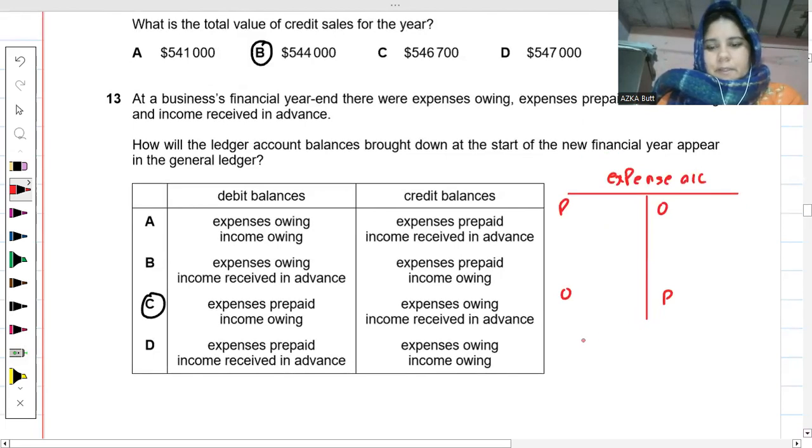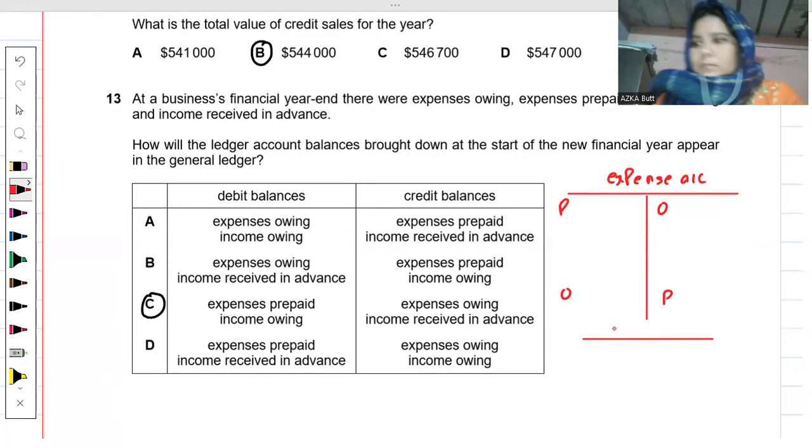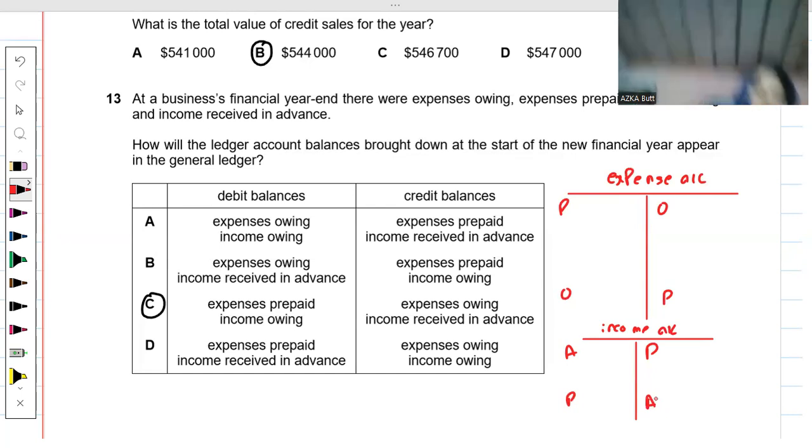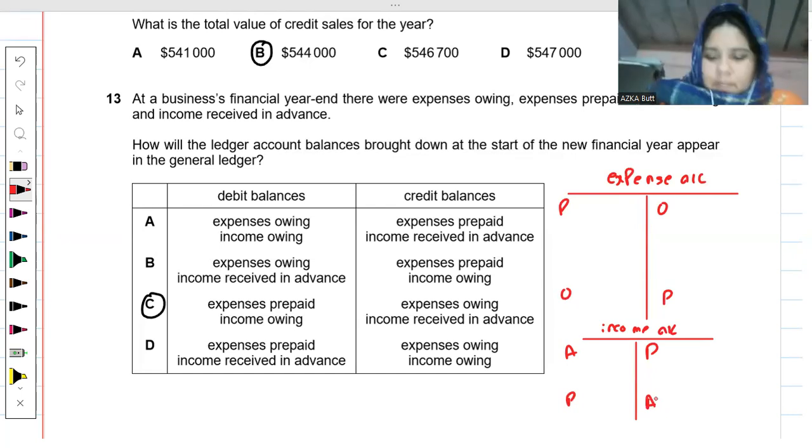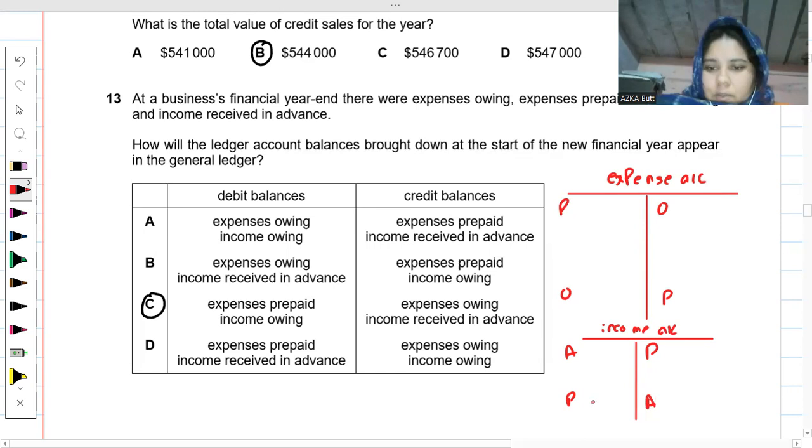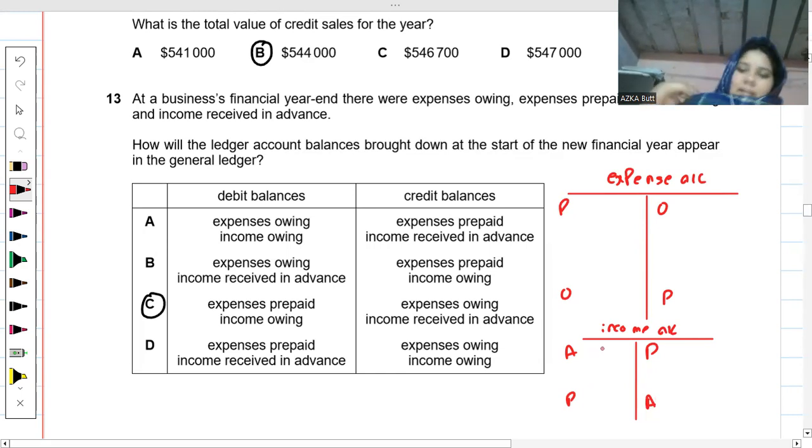And if it is an income account, we can remember it by APPA, A P P A. Okay, so what does it mean? If your income is accrued, it would be recorded on the debit side at the start of the year.